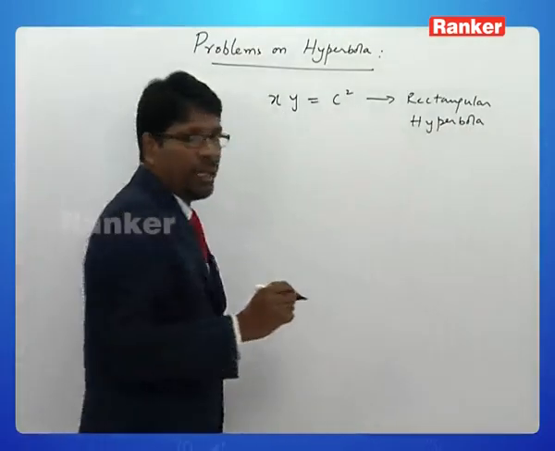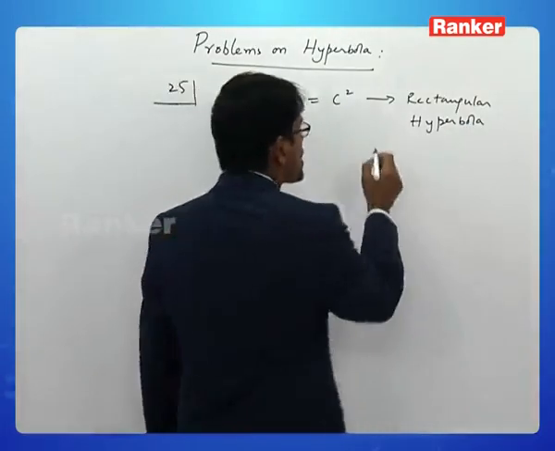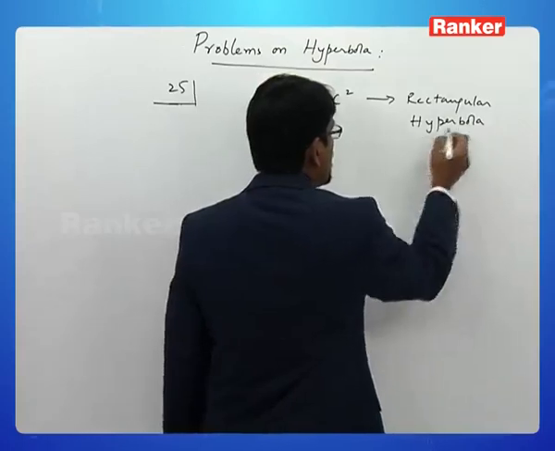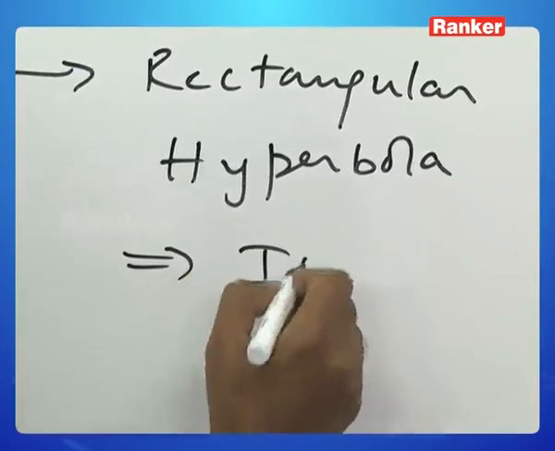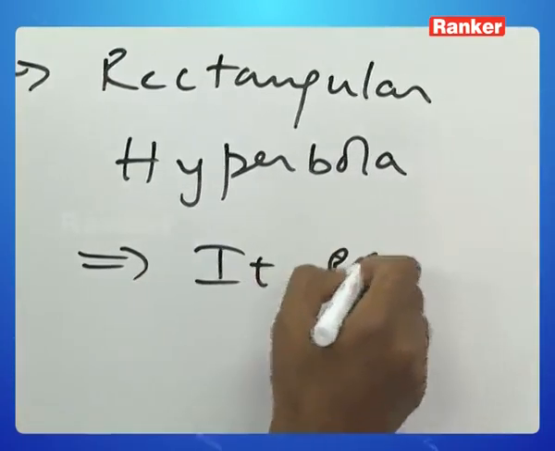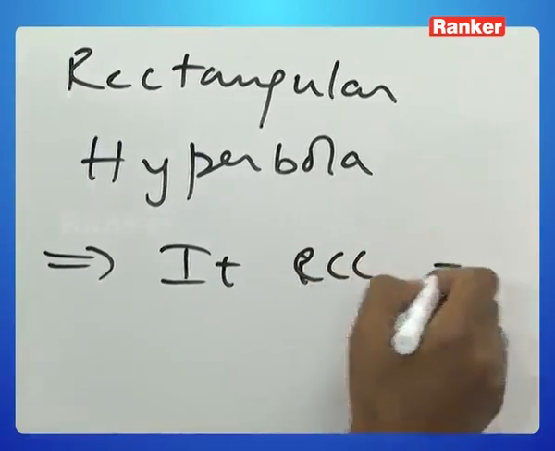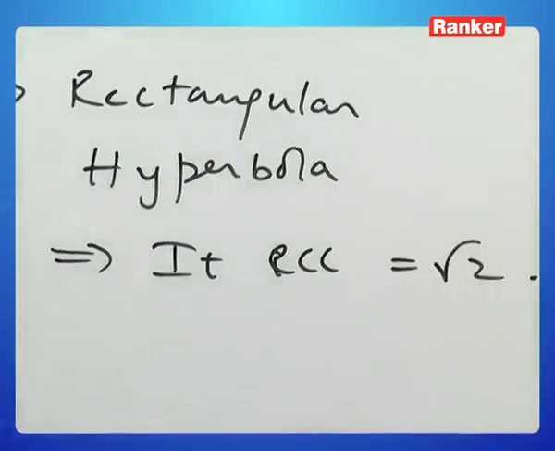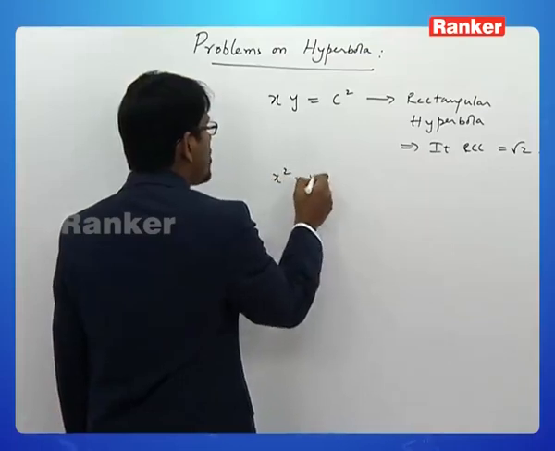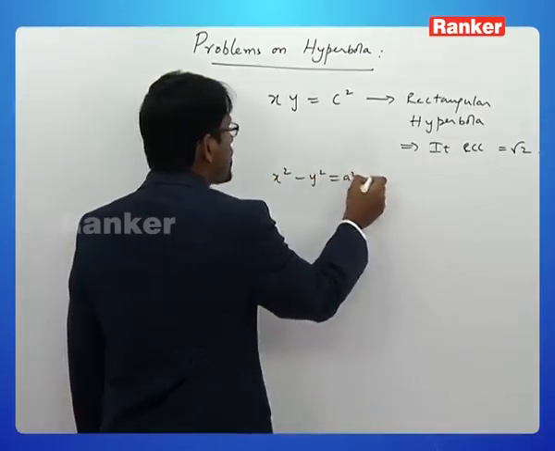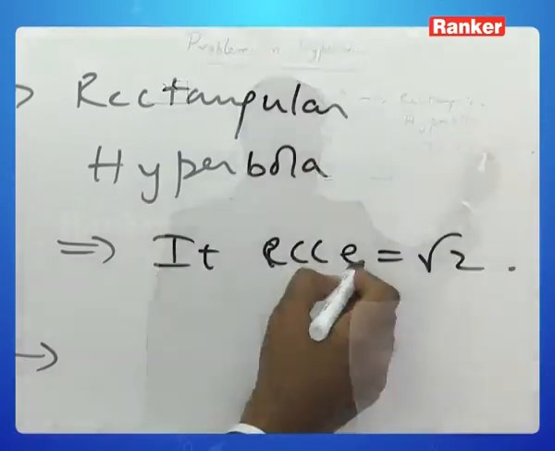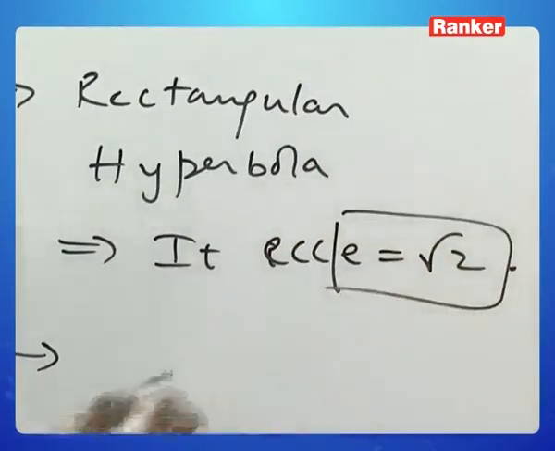A rectangular hyperbola has eccentricity root 2. Similarly, x square minus y square equal to a square is also a rectangular hyperbola, so e is root 2.